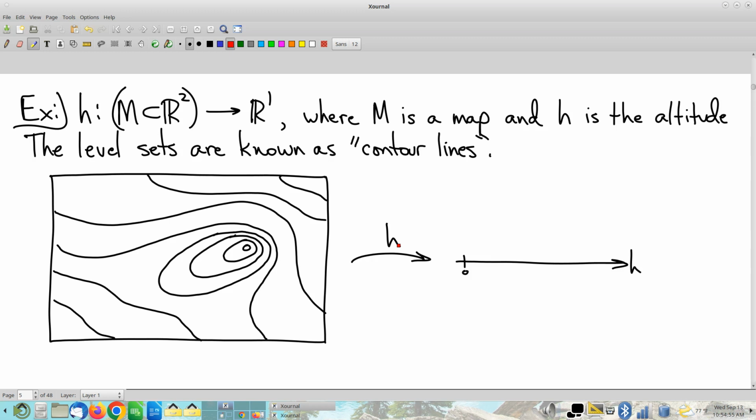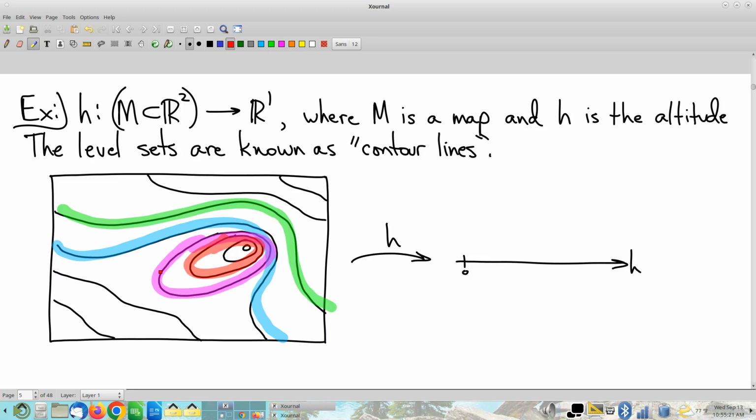The idea is, they'll draw one line here to represent maybe 100 feet above sea level, then maybe this next line is 200 feet above sea level, the next line 300 feet, and then the next line 400 feet above sea level. You get the idea, right?